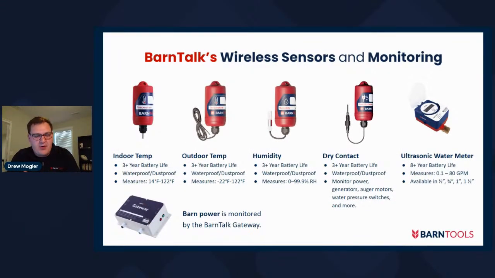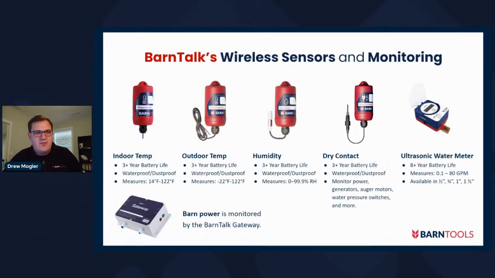The gateway connects to any cellular network in your area. That box is certified to work on multiple carriers: Verizon, AT&T, Sprint, T-Mobile. So we will find whatever service is strongest in your area to connect to.